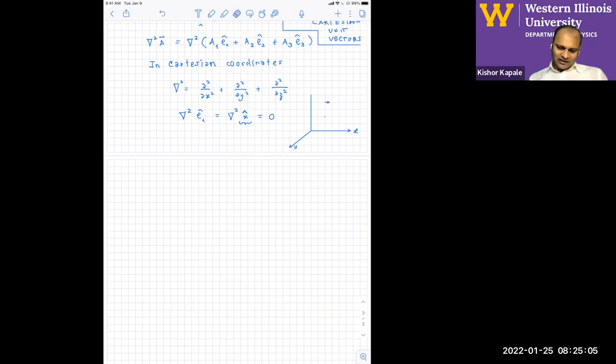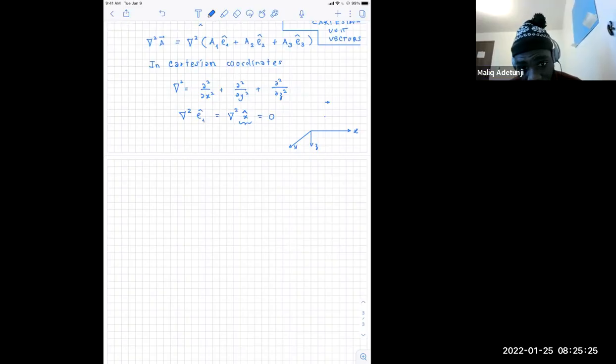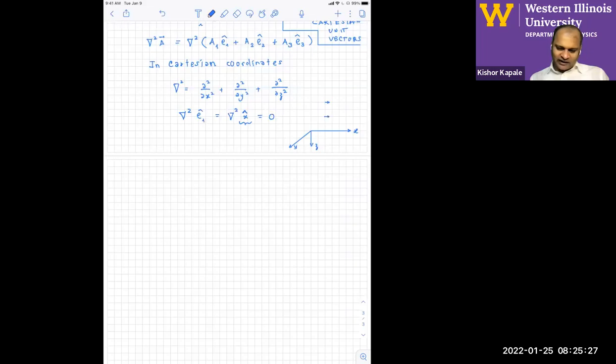So I'm going to take my z to be downwards here, just to have a right-handed system. Okay, so that's x, y, and then z goes down. And I was using my right hand for that. So at this point, what would be x hat? The same direction. It should be exactly the same vector, right?